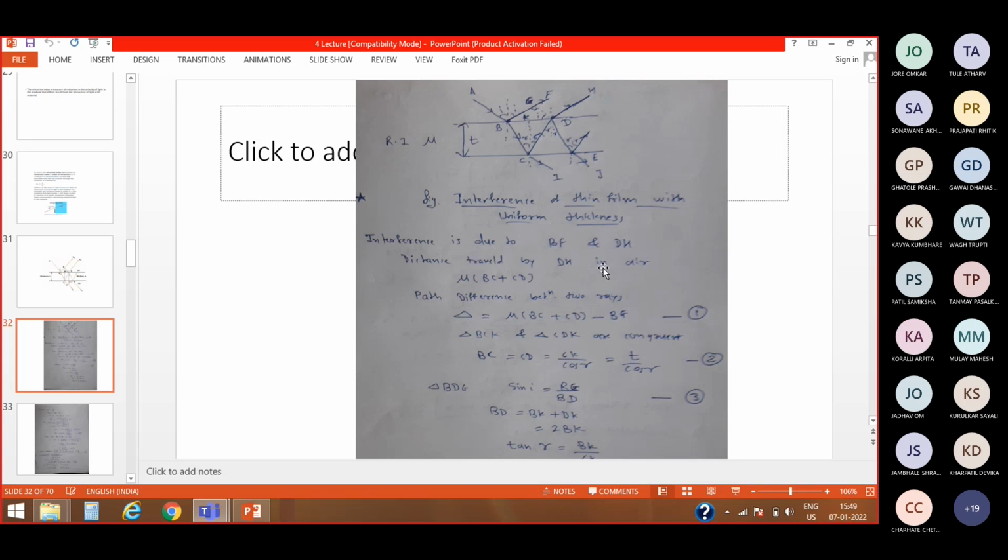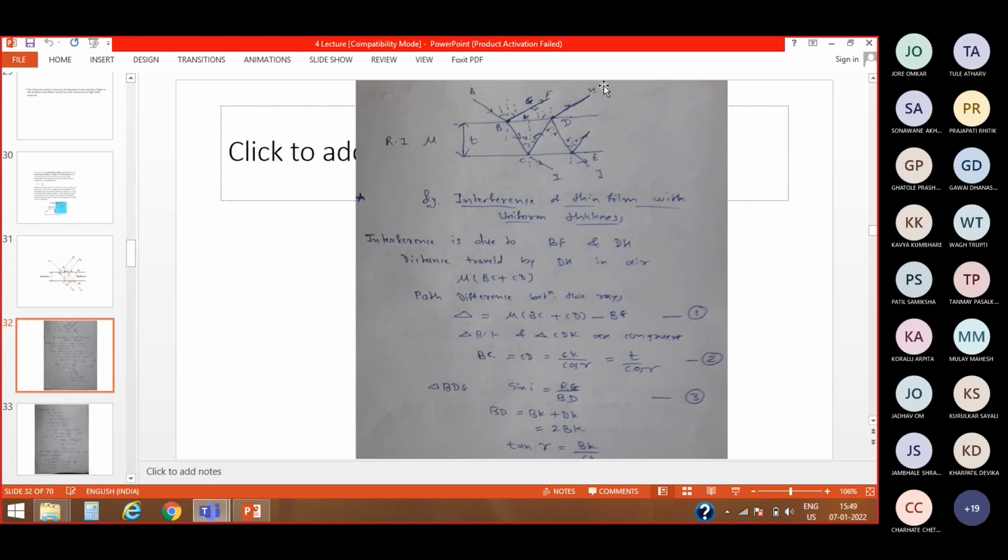The distance traveled by DH in air is equal to mu into BC plus CD. तो यहाँ पे आप देख रहे हैं कि when light is incident on B, the ray immediately gets reflected, but there is a path difference here.